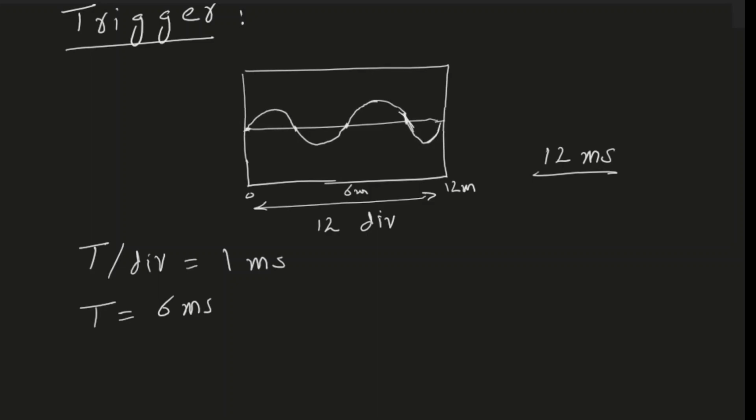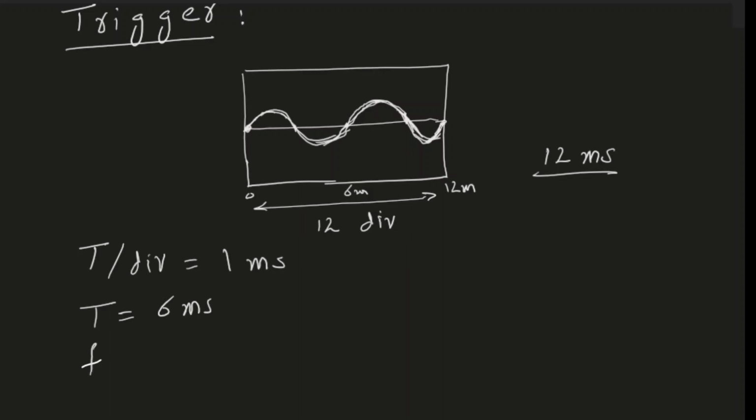So I will see two complete cycles of the sine wave, because my time period is 6 milliseconds and I have 12 milliseconds. So within 12 milliseconds, we should be able to see two complete sine waves. And after the second sine wave has been plotted, the waveform will come back to the starting point, and then it will continue plotting. You can see that the second trace will fall on the previous trace in this case, and we will be able to see a stationary waveform on the screen.